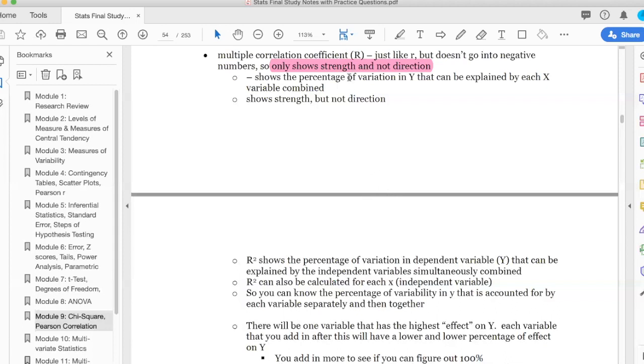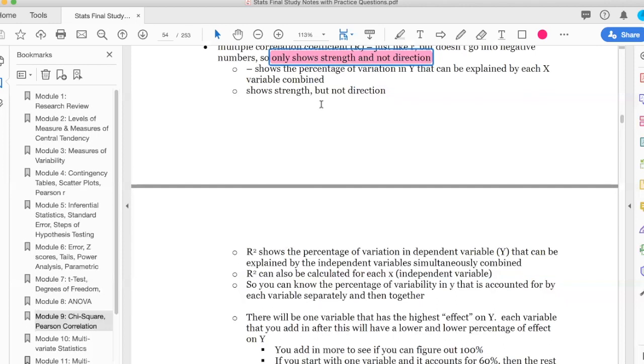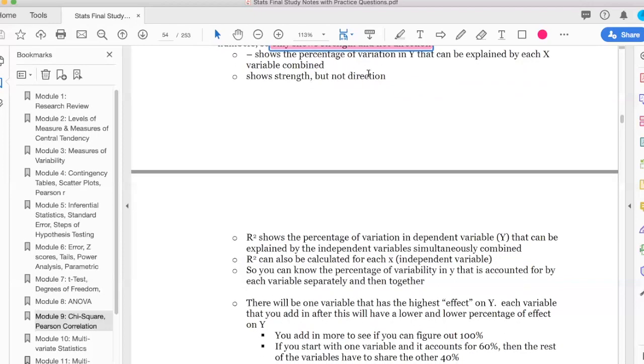Do you remember before where we do the relationship strength and direction with Pearson R, and then we do the Pearson R coefficient of determination, which is the R squared? It's the same thing that we're doing here. It's a coefficient. It will show the percentage of variation in the dependent variable that can be explained by each of the independent variables.